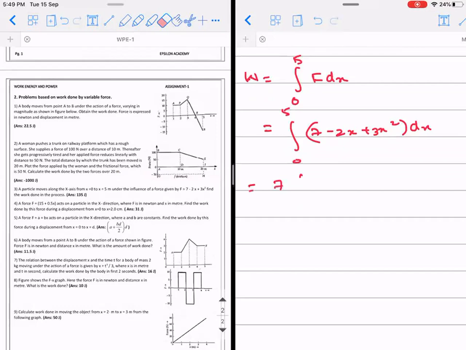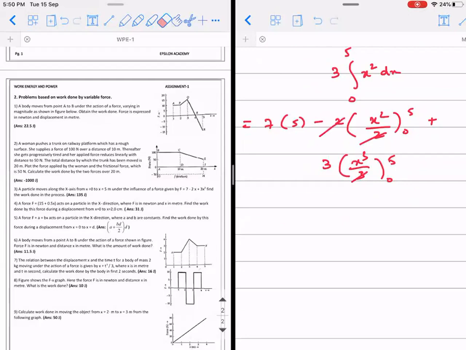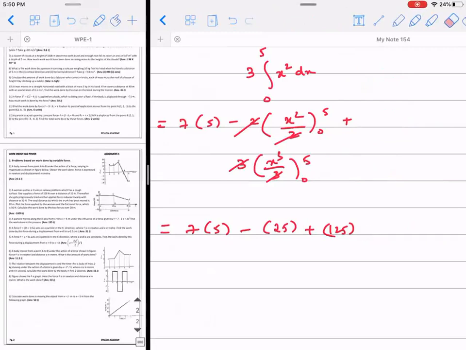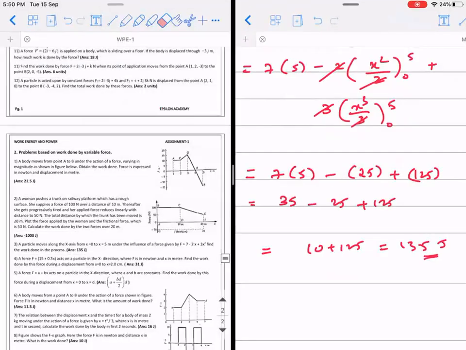So tell me how to integrate it. 7 into the integral of dx between 0 to 5, minus 2 into the integral of x dx between 0 to 5, plus 3 into the integral of x square dx between 0 to 5. That will be 135 joule.